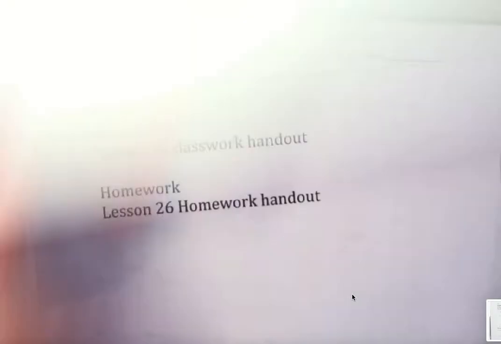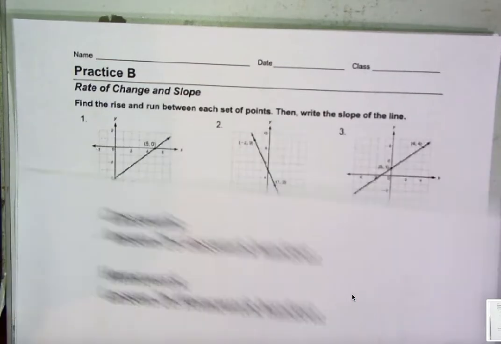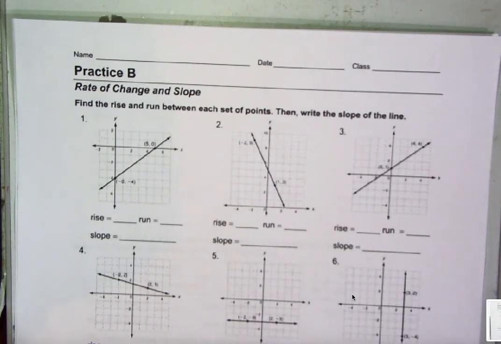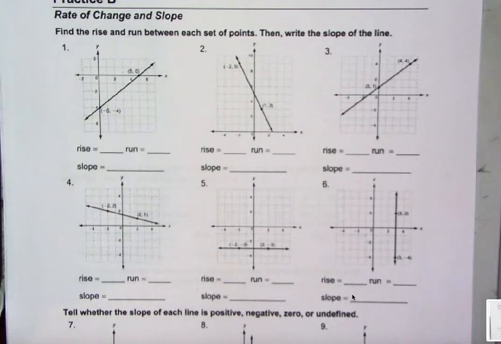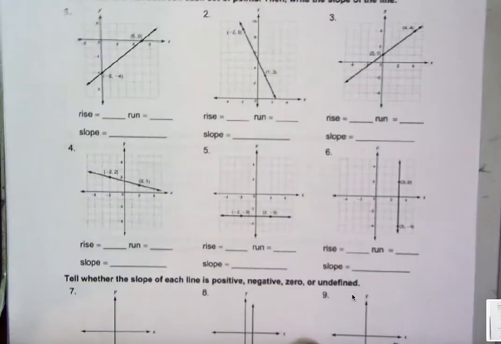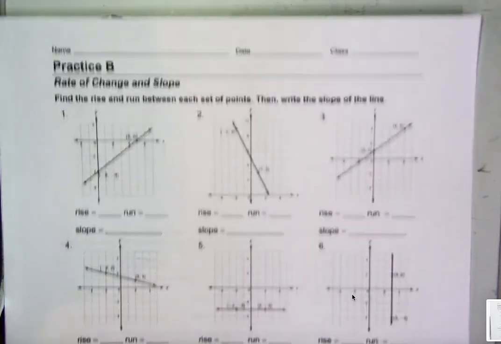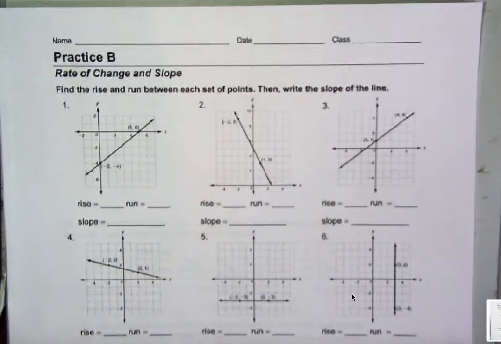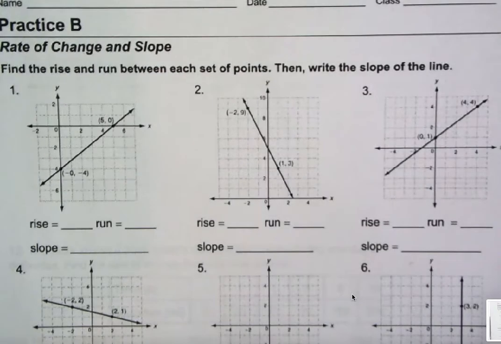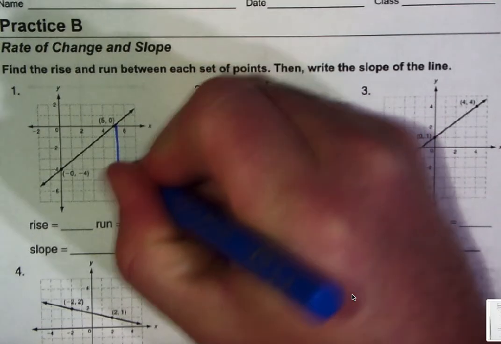All right, so your classwork is a handout. Depends on how far we went. I think for most classes I made this classwork the homework. So finding rise and run should be pretty clear, and then also identifying it. I'll just go through it really quickly. You might want to pause and then open it up and do it. But again, rise and run.